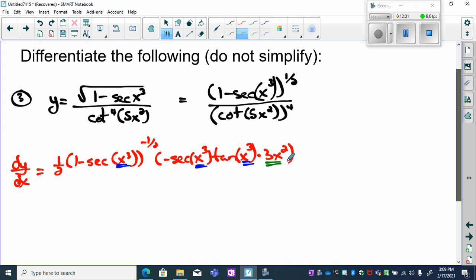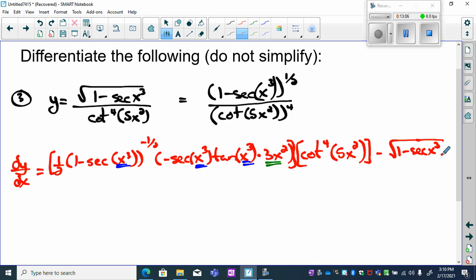Now remember, that right there is the derivative of the numerator. That has to be multiplied by the denominator. Well, the denominator says cotangent to the 4th 5x squared. So from here to here, that is the derivative of the numerator times the denominator minus the numerator times the derivative of the denominator.